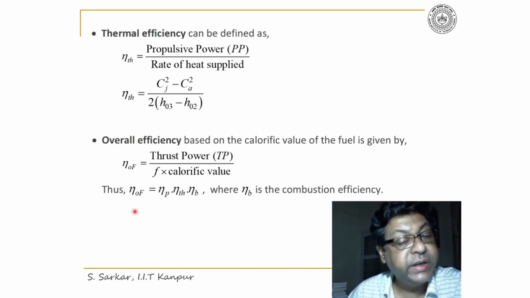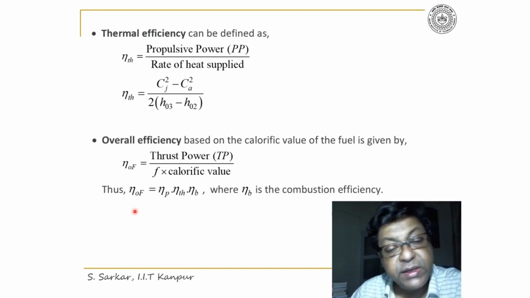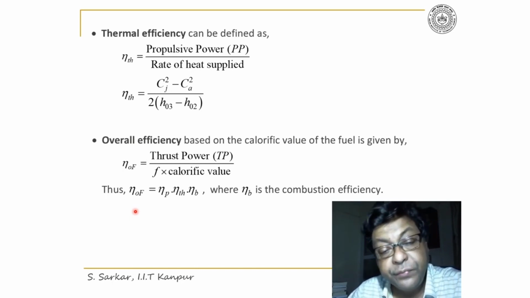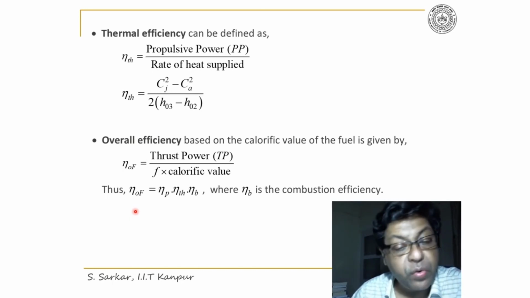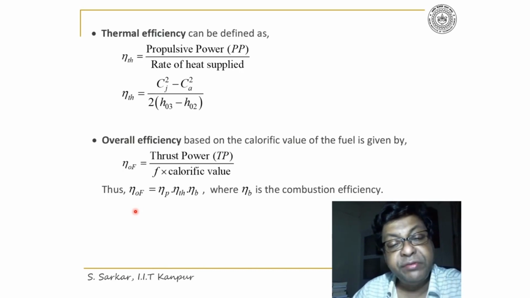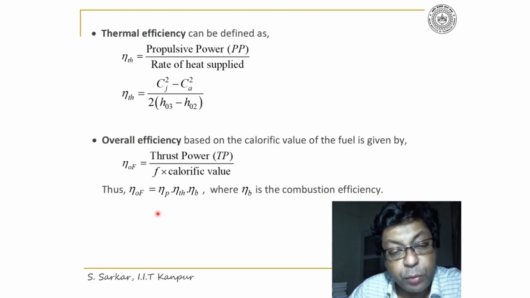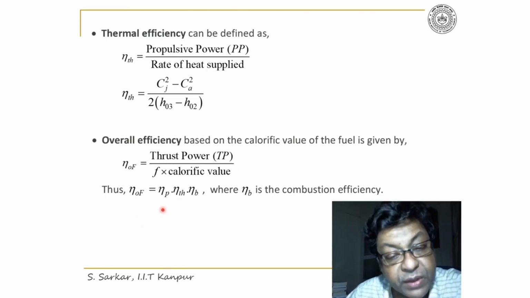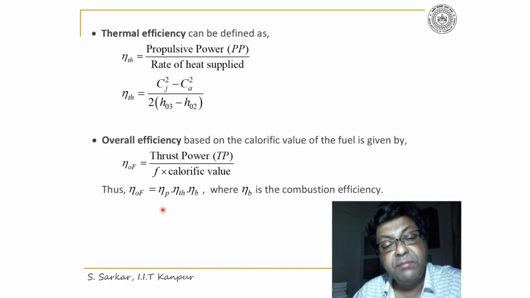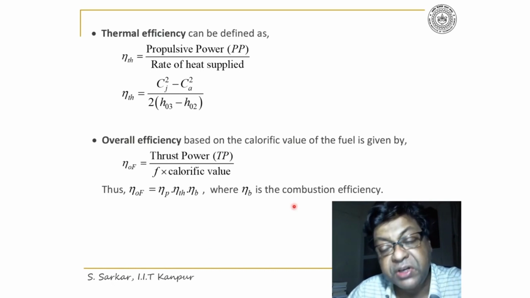Thus, we can express eta OF is equal to eta P into eta thermal into eta B, where eta OF is the overall efficiency based on the calorific value of fuel, eta P is the propulsive efficiency, eta thermal is the thermal efficiency, and eta B is the combustion efficiency.